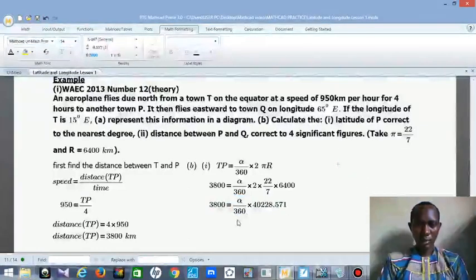What next? Let's cross multiply with this 3,800 times 360, then divide both sides by this. So this is just a simple equation.